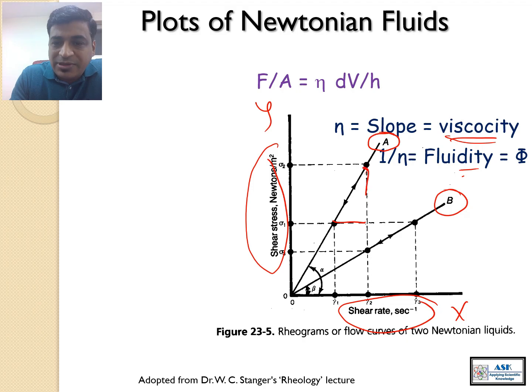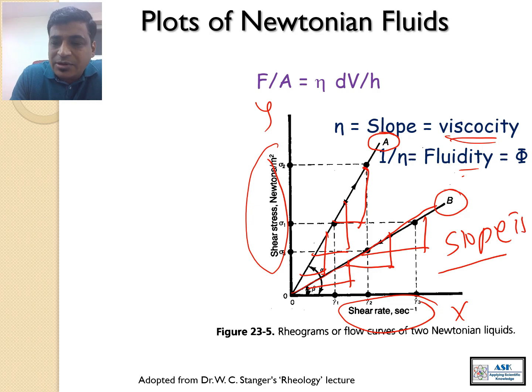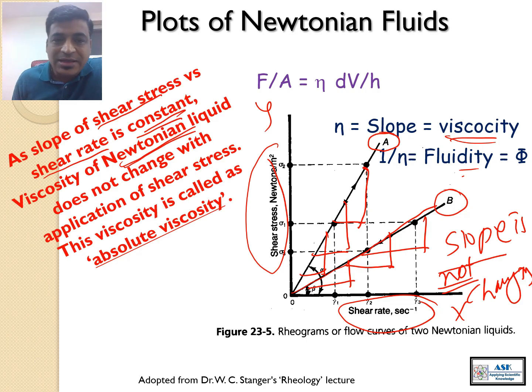If I take a slope from this region or this region, it doesn't change. Likewise with liquid B, which is a line starting from 0: when I take the slope of any region, it's not changing. What does that mean? The slope is not changing. As you can see here, the slope of shear stress versus shear rate is constant.